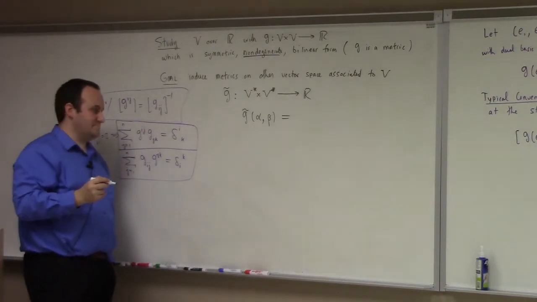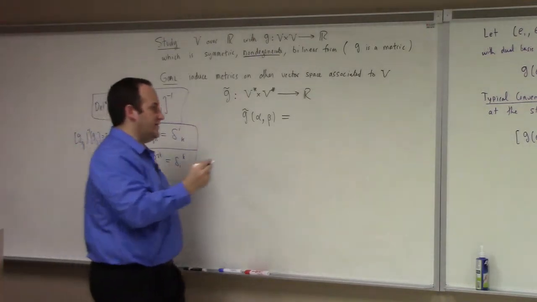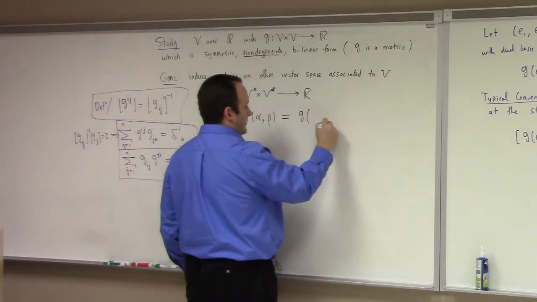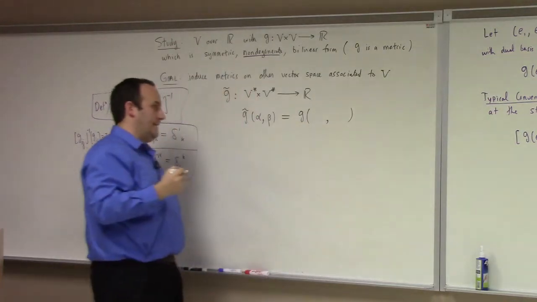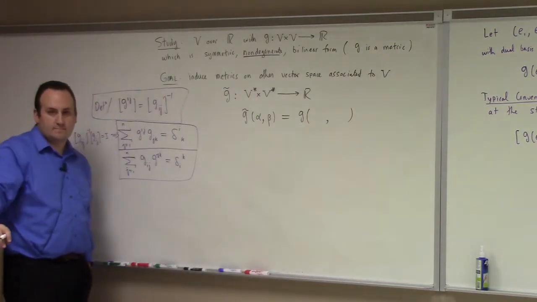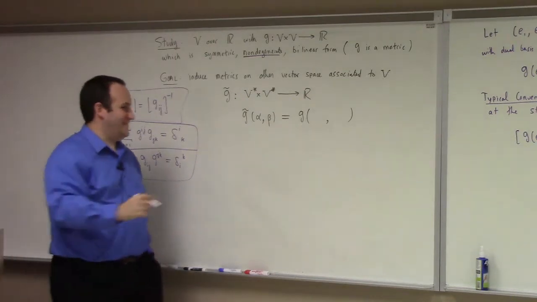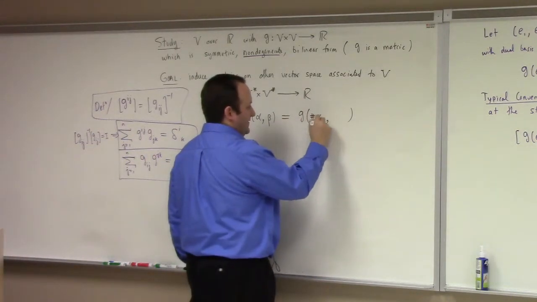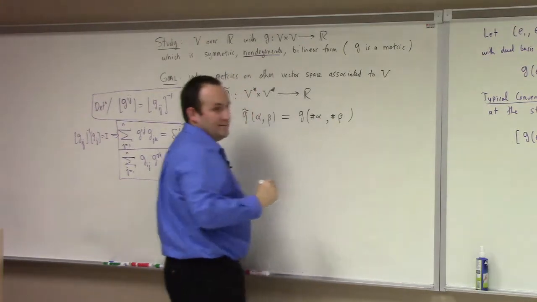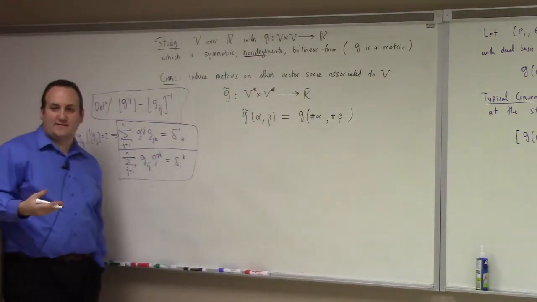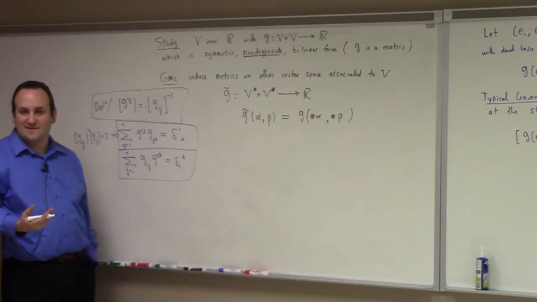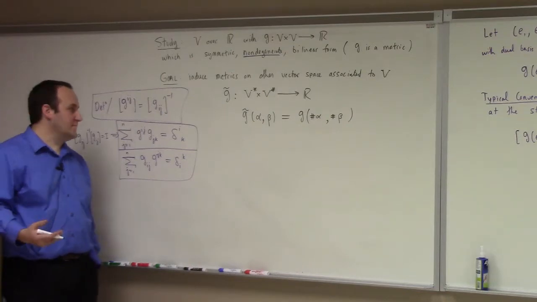What would you do? We already know G. That will be bilinear because it's a composition of linear objects and bilinear objects. Linearity of the sharp and bilinearity of G transfers to bilinearity of G tilde. Neat?